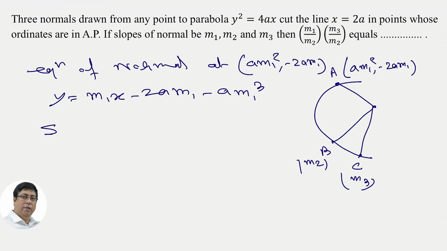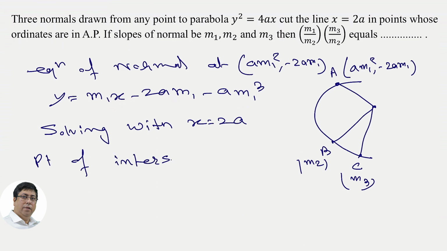Now solving with x equal to 2a. If we put x equal to 2a here, these two terms get cancelled and y is coming minus a m1 cube. Therefore, we can write the point of intersection as x is 2a and y is minus a m cube.